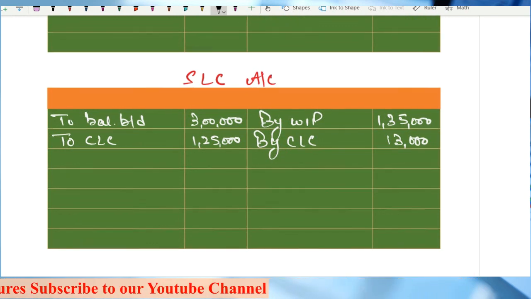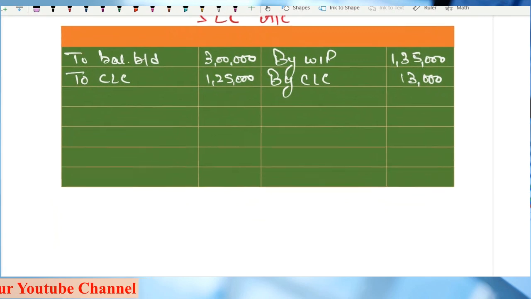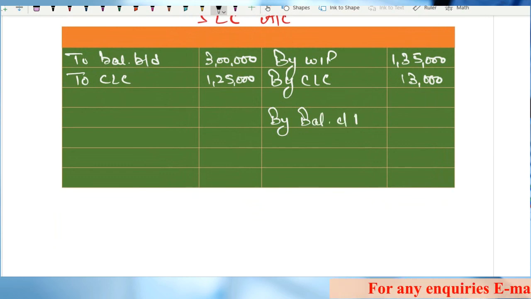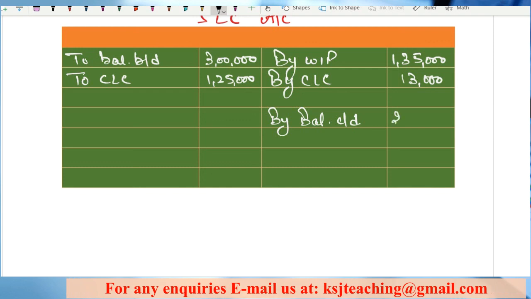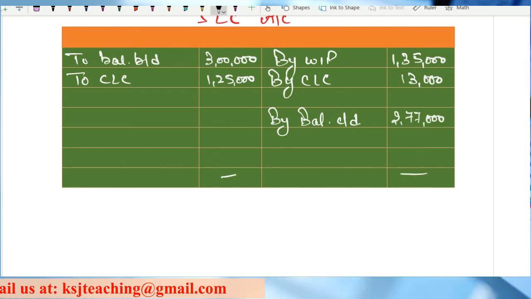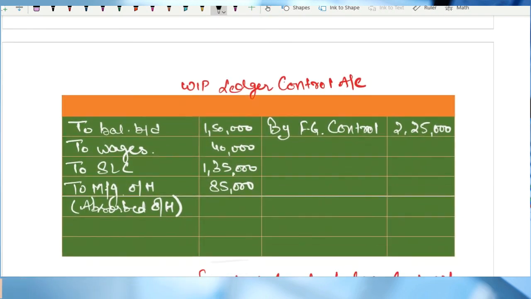It is not given that you are closing these balances and there is no carry forward. So there will be a closing balance by balance carried down. The value is 2,77,000, right? So you can write the totals here.